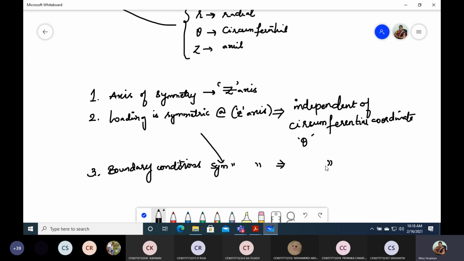It means that about whichever axis the revolution happens, which we generally consider as the z-axis, the loading and the boundary conditions are independent of the circumferential coordinate theta.